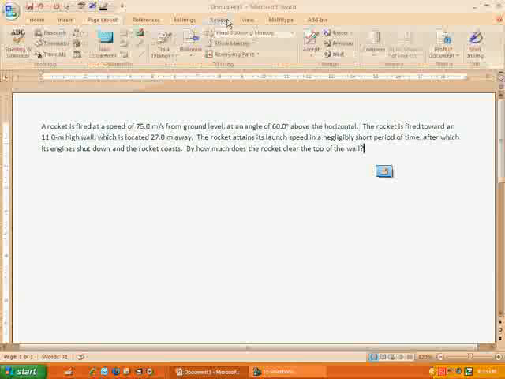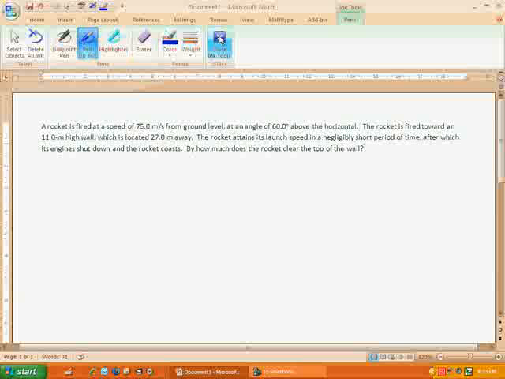We're going to draw what we know so that we know what's going on here. We've got a rocket that's being fired at 75 meters per second. So here's my rocket, right? And the angle is 60 degrees above the horizontal.